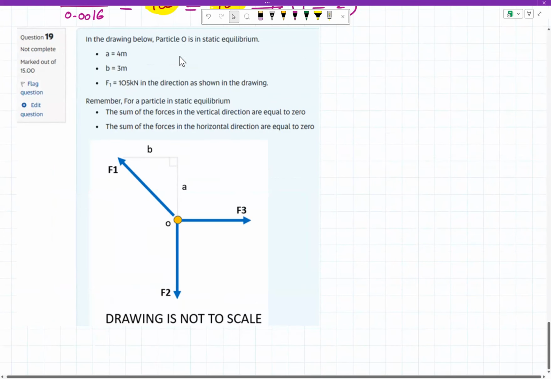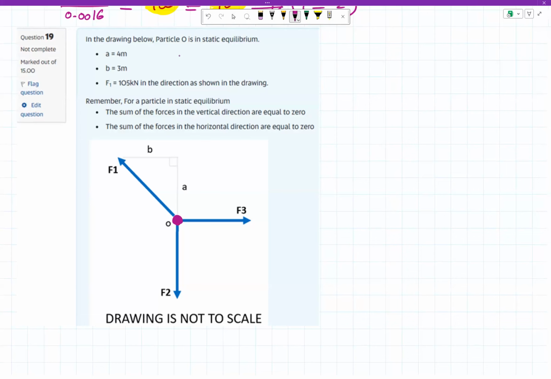We will practice how to analyze a force into its vertical and horizontal components, and also practice the equilibrium at a point. This example has two ideas, and it is important for your formative and summative quiz. If we read the example, in the drawing below, particle O, or point O, is in static equilibrium.